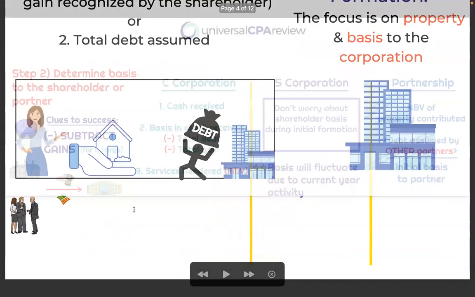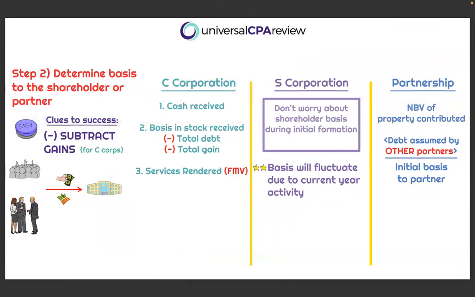We're on step 2, and we're thinking specifically about the basis to the shareholder or partner. And when you're thinking about the basis, the interest received, narrow your focus on the partner, the partners in a partnership, not as much the corporation shareholders. So when you're seeing a question on a partnership in its initial formation, they don't ask as much about the initial basis to the partnership.